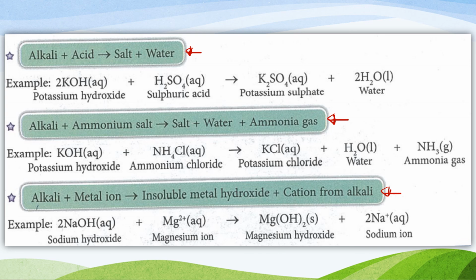And the last one, the reaction between alkali and metal ion, you will get insoluble metal hydroxide and the cation from the alkali. We're going to discuss the last reaction in a little more detail when we cover the topic of salts later.